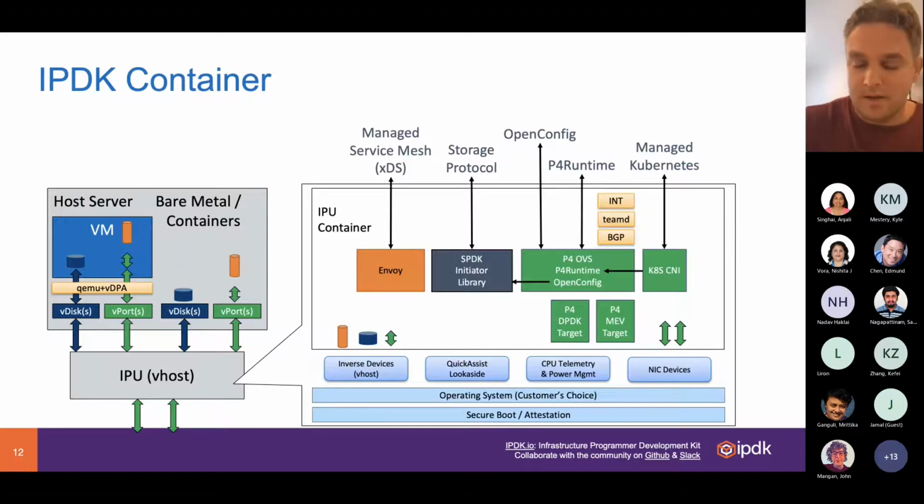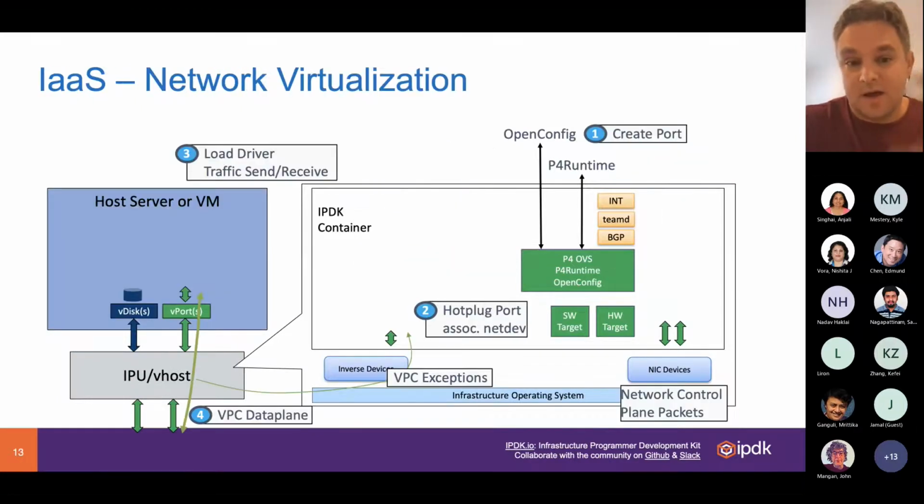And so on the website, there's a couple of drawings, scribbles maybe, on how we are doing this for infrastructure as a service, and a couple of different recipes that are pretty basic at the moment on how to do this separation of, you've got my tenant logic on the left, and I've got either an IPU or vhost separating that tenant logic on the left from all of my infrastructure logic on the right.